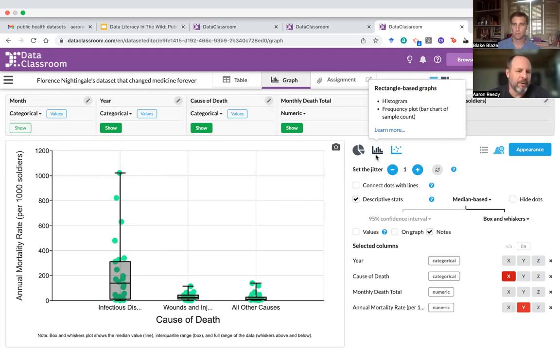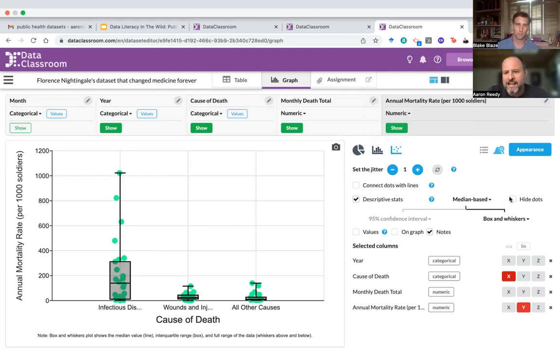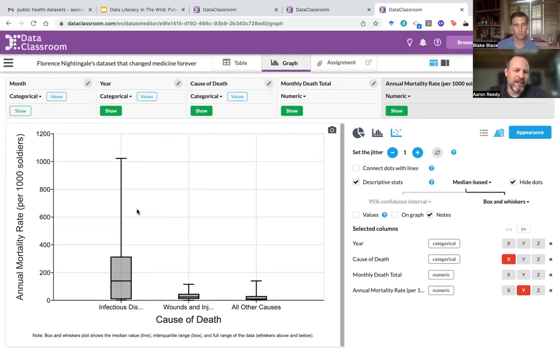I could hide dots altogether if I wanted, and just show my box plots without the data points. But when I see a plot where the whiskers represent up to the 90th percentile or the 80th percentile or whatever cutoff you've given it, I think it can hide those outliers and sometimes make for a prettier story, but sometimes I think it's hiding some important reality.